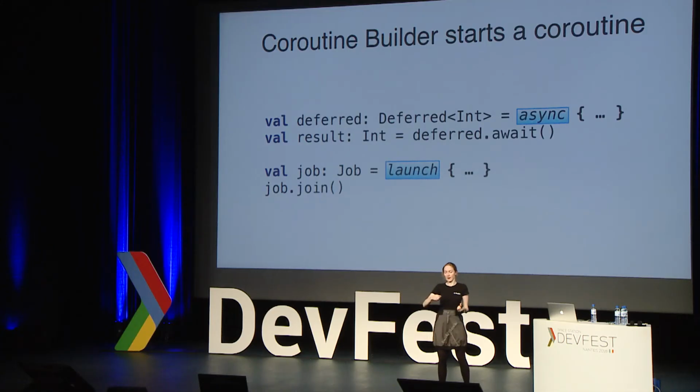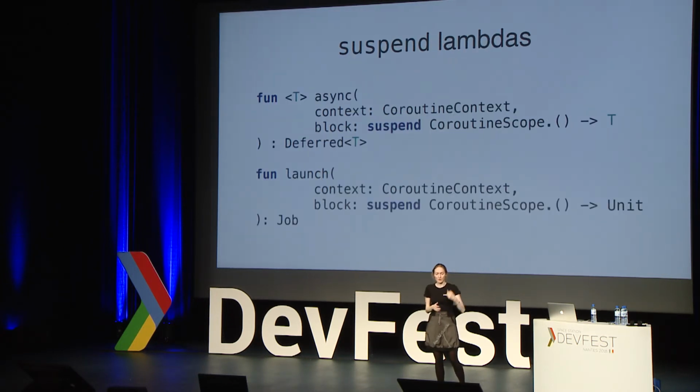The main difference between async and launch is that async returns you a deferred object that returns some result. So for instance, here we have a deferred that should return an integer in the end, and launch returns some kind of deferred or future object without the result. So launch returns you a deferred of unit, but there are different types.